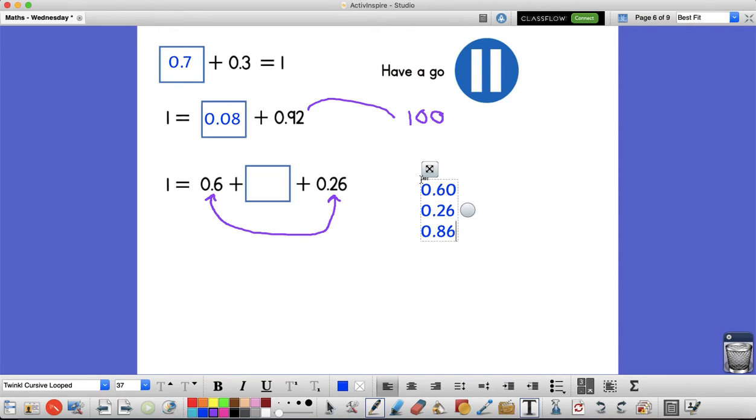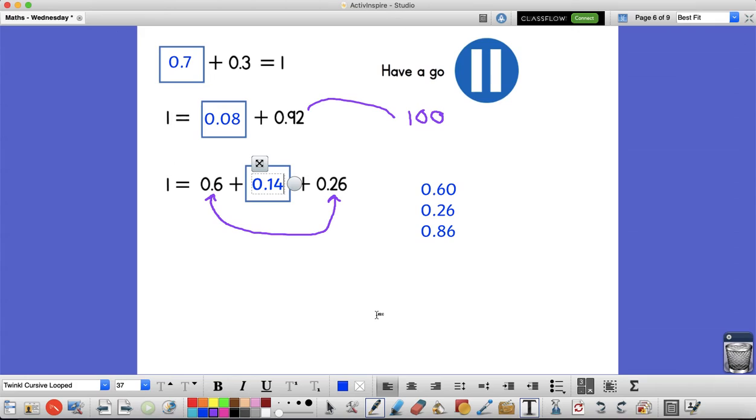So I've got 0.86, but I now need to get from there to 1. So I'm going to count on from 86 to 100. That should be 14, which means I have 14 hundredths, which equals the decimal 0.14. I hope you got those ones right.